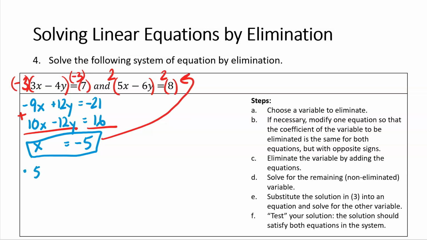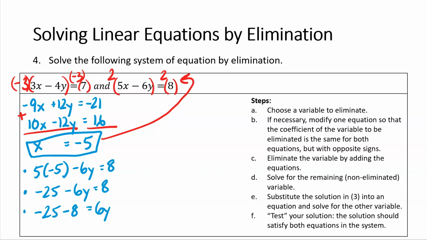We'll have 5 times x minus 6 times y equals 8. Now we solve for y. Negative 5 times 5 is negative 25. Minus 6y equals 8. We can add 6y to both sides, subtract 8 from both sides, and we'll get negative 25 minus 8 equals a positive 6y.